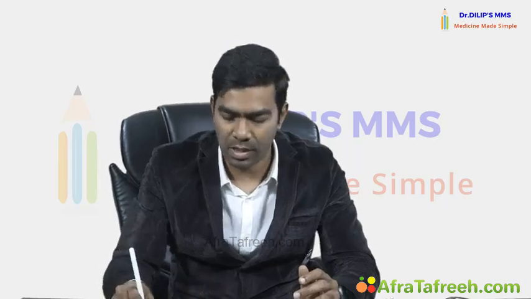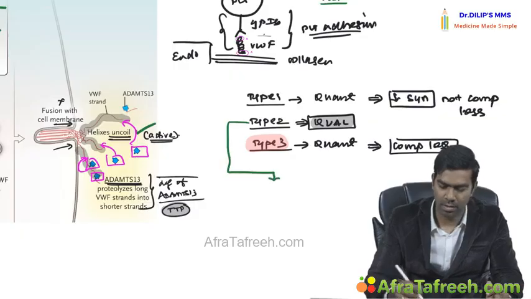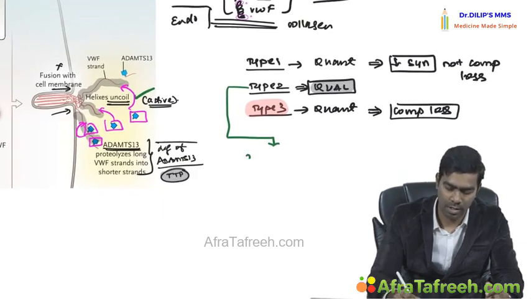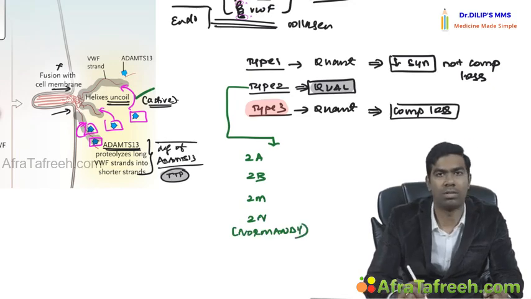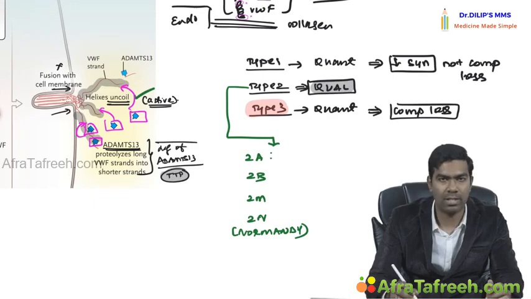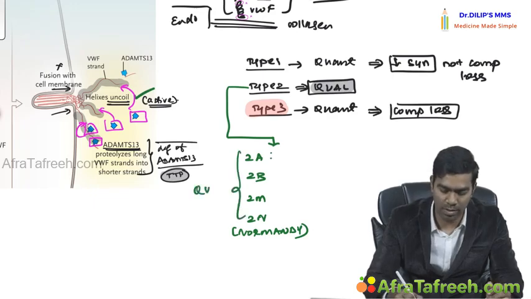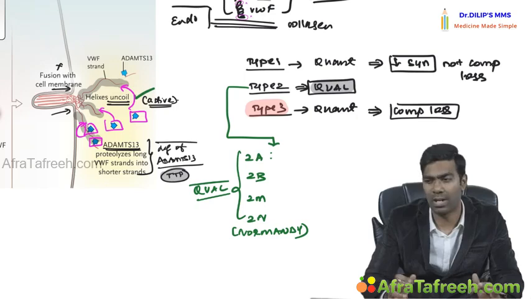Clear? But type 2 has a lot of different subtypes. You have type 2A, type 2B, type 2M and type 2N, otherwise referred to as Normandy. So let us give a brief idea about what these types are. 2A, I told you all these are qualitative defects, not quantitative defects, which means the actual levels of von Willebrand factor may be normal, but there are problems in its quality.